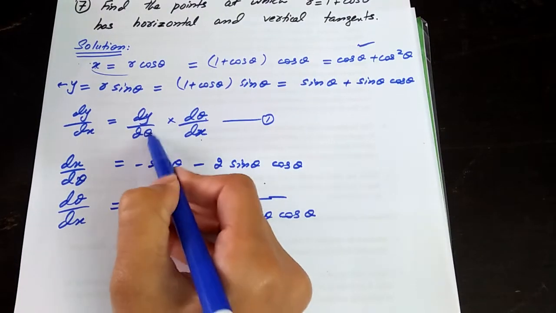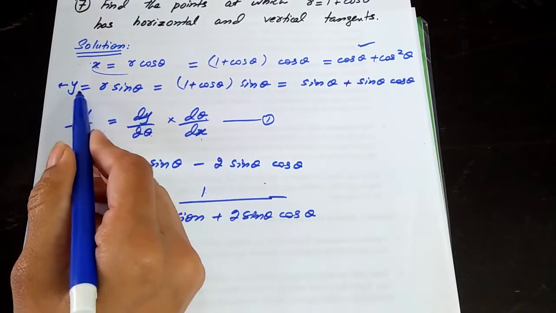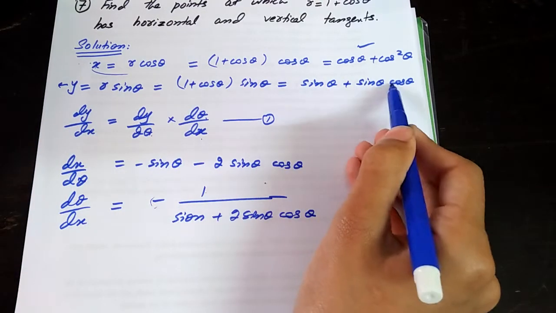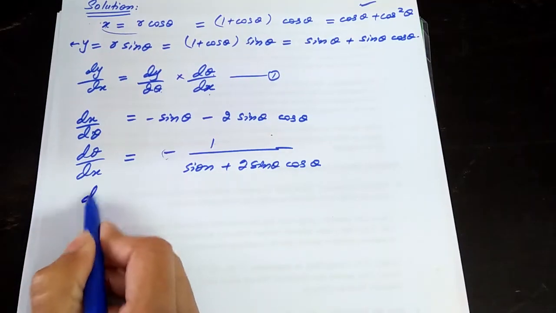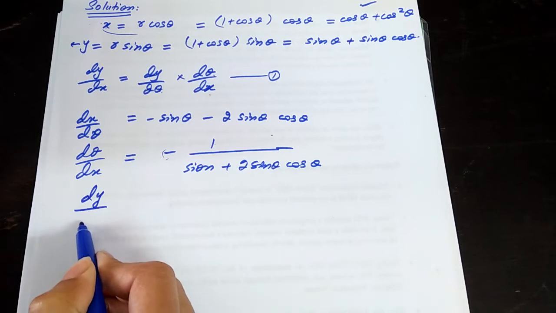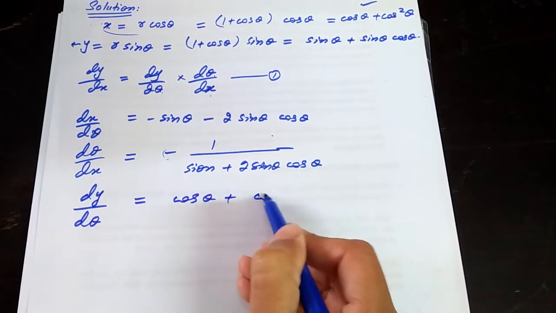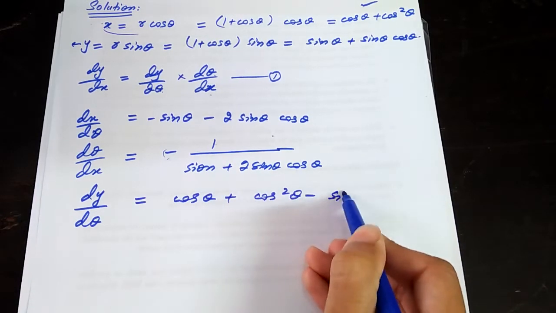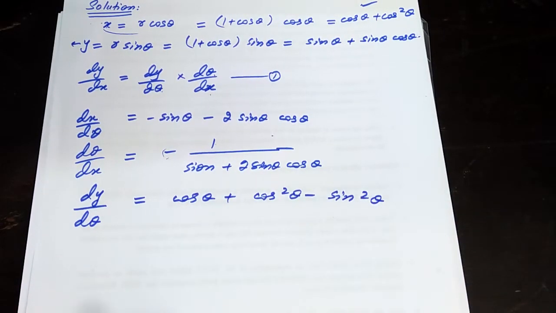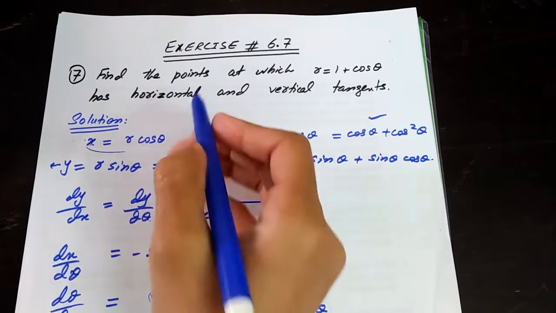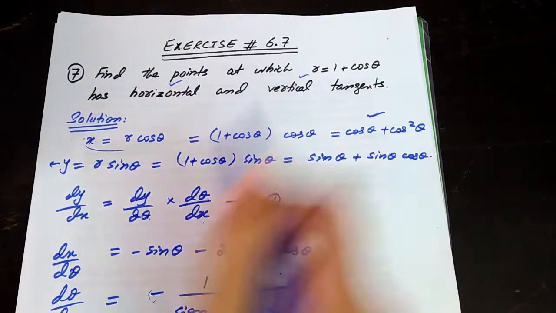Now I need dy by d theta, which I can find from y equals sine theta plus sine theta cos theta. So dy by d theta equals cos theta plus cos square theta minus sine square theta. Now we have to find the horizontal and vertical tangents.